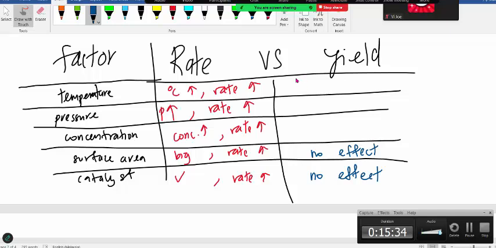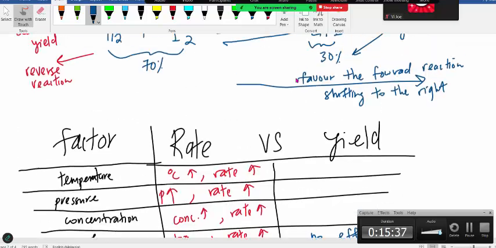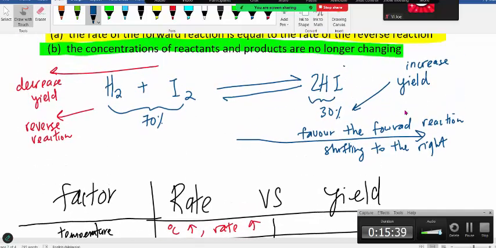Temperature depends. If I write like this, this is an exothermic reaction. Negative is what? Negative is exo.